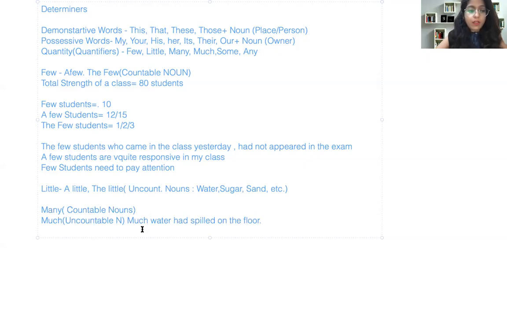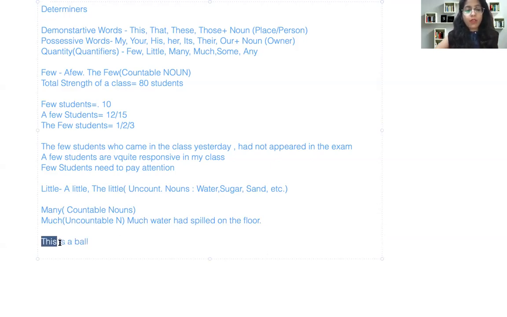Keep in mind, it is followed by the noun. This is the most important thing to determine a determiner. In fact, I had shared this earlier as well: if the word has got anything like be after it, for example, in a sentence like this is a ball, here the word this is not a determiner.